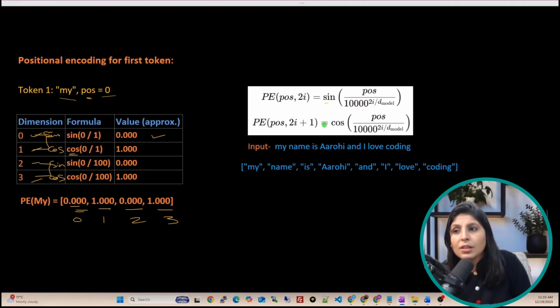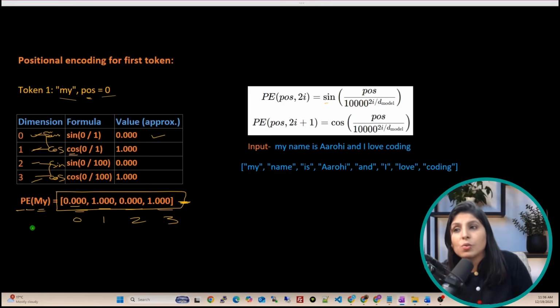So you will apply these formulas. Position you know is 0, and we are working on this token. And these dimensions you already know: 0 index, first index, second index, and third index. Okay, so you're going to solve this formula and you're going to have these 4 values, so this is the positional encoding vector we got for my token.